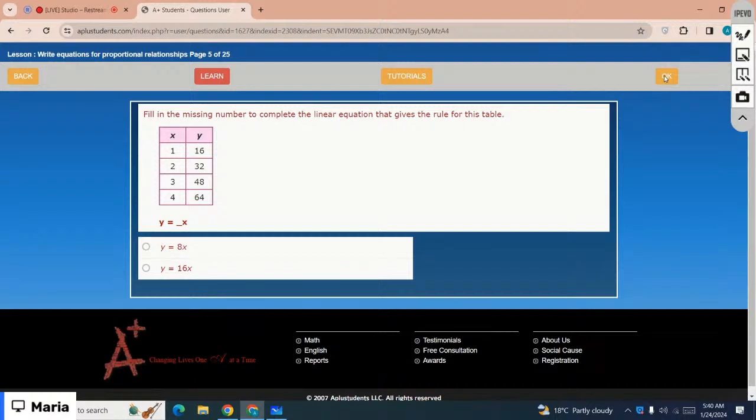The next one is fill in the missing number to complete the linear equation that gives the rule for this table. So which is the correct option?